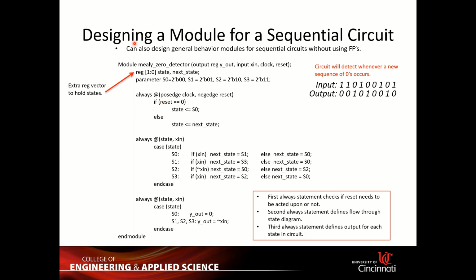First of all, let's go back to the beginning. In this code, let's remember you have to define all of your input and output. Your output is Y out, your input is X in, and clock and reset are also your input.